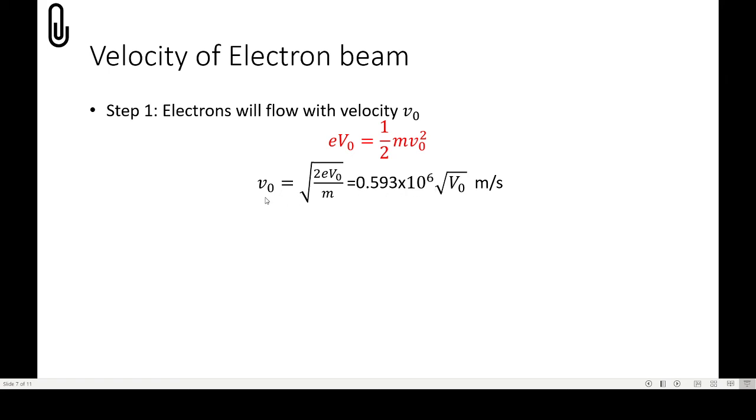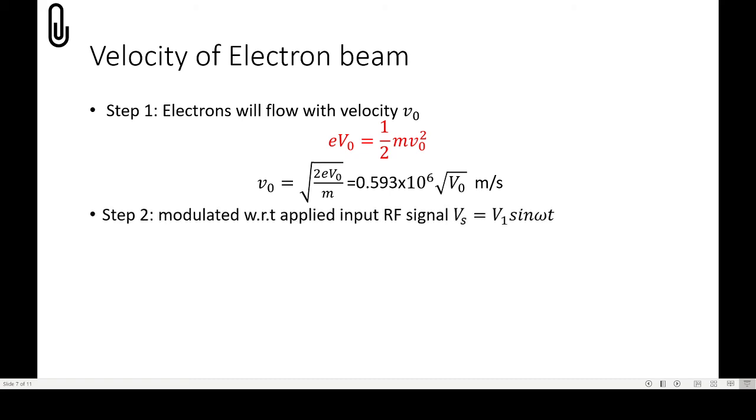Now what happens when we apply an input signal? The electron velocity gets modulated according to the input signal Vs = V1 sin omega t. When Vs equals 0, the V0 remains the same.